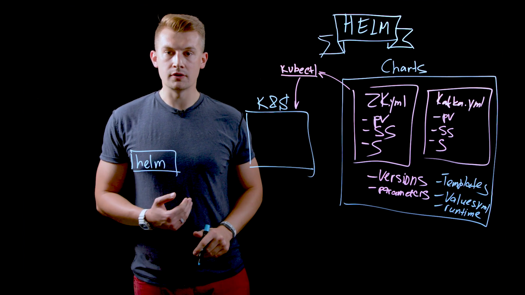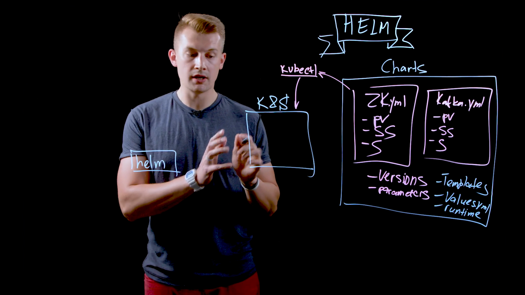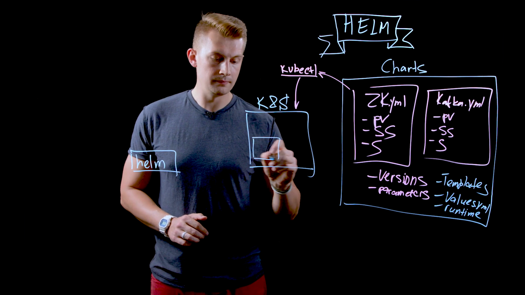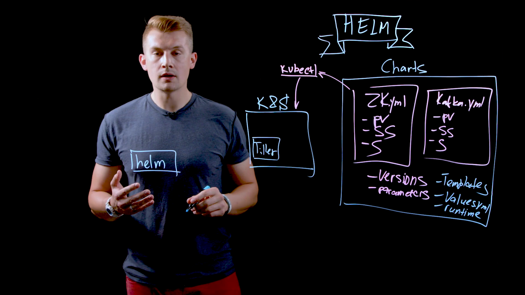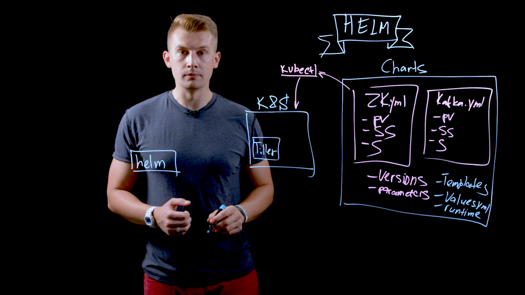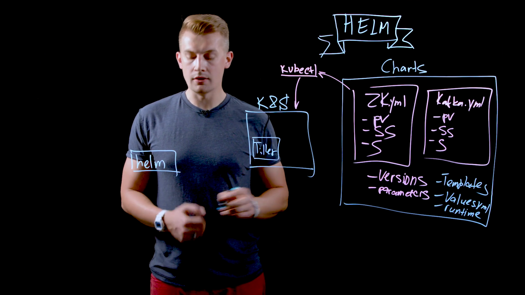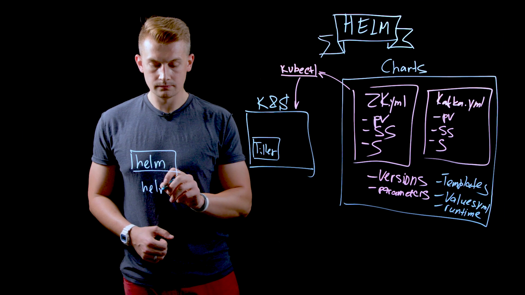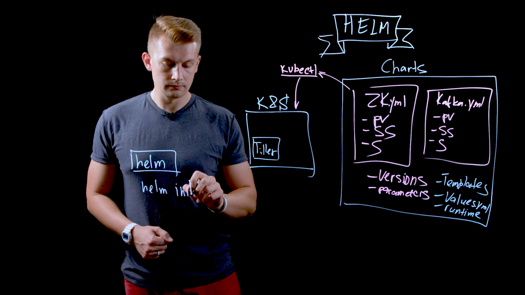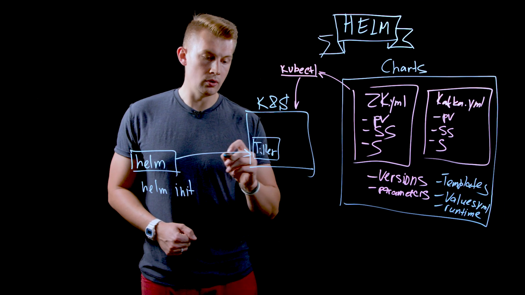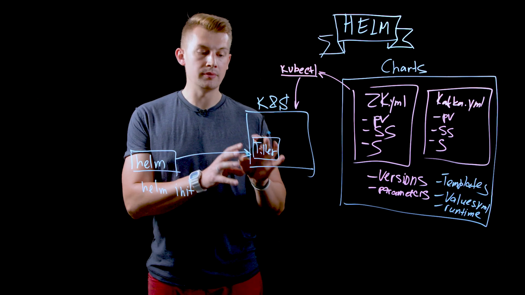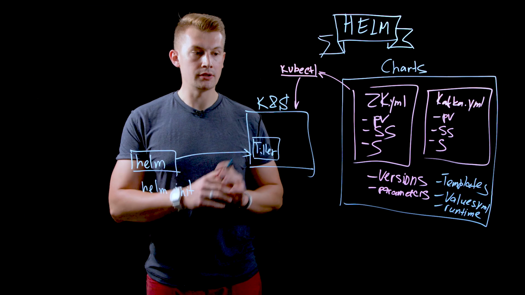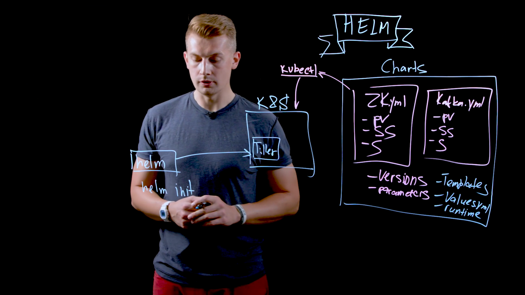Helm follows a little bit different approach because it also has a server-side component called Tiller. So the first thing that you do after installation of the Helm application is run helm init. That will deploy a Tiller pod, and after that, Helm will be able to communicate with this Tiller and tell Tiller to deploy whatever you need to deploy.